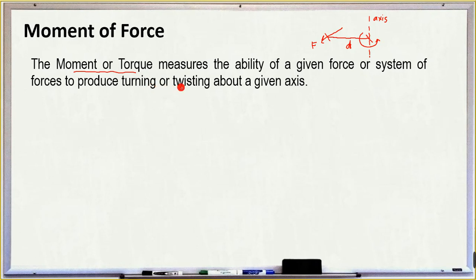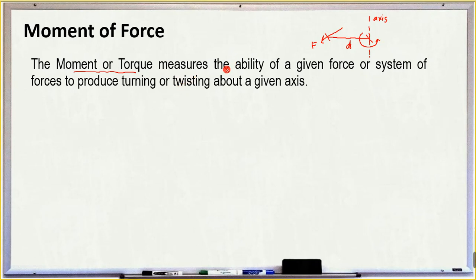But in real life applications, in evaluating or assessing a certain structure, it does not need to actually twist or turn. We just assume that it tends to turn with respect to a given axis. It does not always actually turn. It only has a tendency, so keep that in mind.